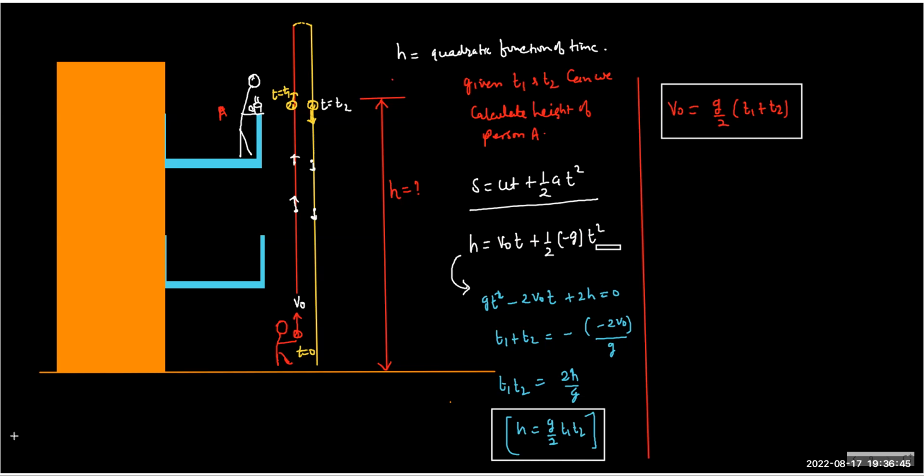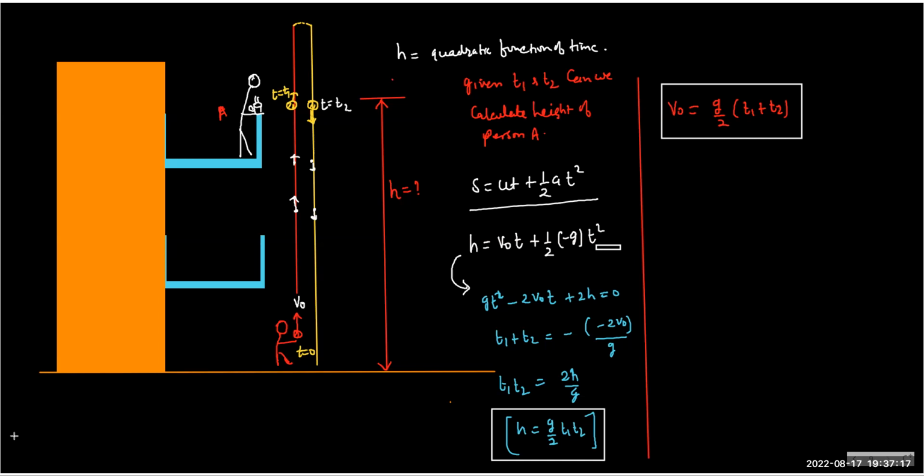In fact, you can also tell me the maximum height. What is the maximum height in this case possible? The maximum height is the height at which the quadratic will have only one root, isn't it? So at what time you will reach the maximum height without learning kinematics? Can you find the answer through mathematics, through the concept of quadratic?